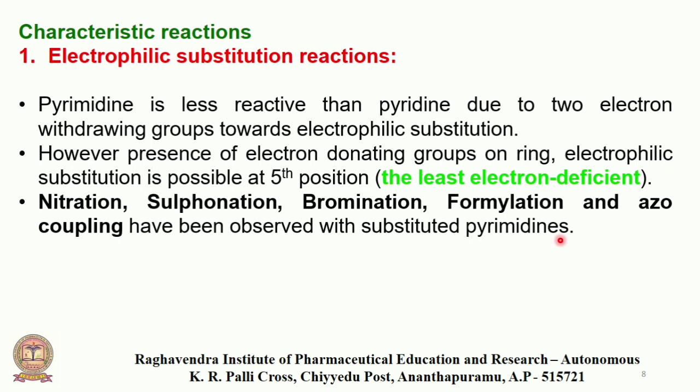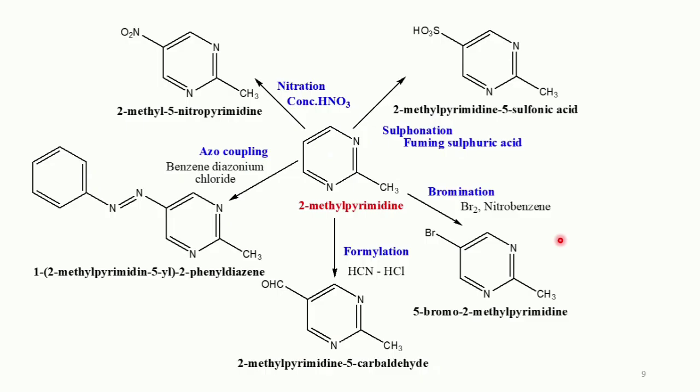At the fifth position, the electron deficiency is somewhat lower. In this structure, I am taking 2-methyl pyrimidine as an example of a substituted pyrimidine. You can number from either nitrogen atom, 1, 2, 3, 4, 5. The fifth position is not directly linked to a nitrogen atom.